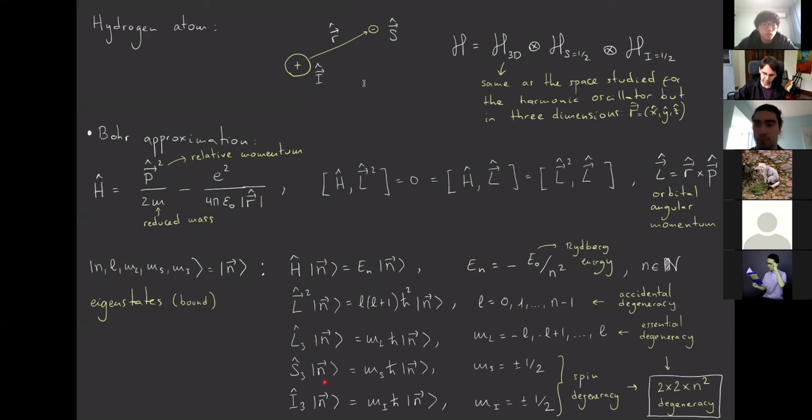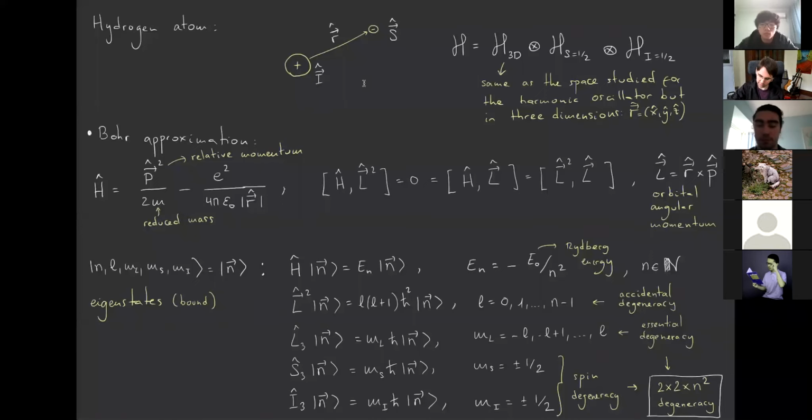You will see later that, in general, this quantization axis is chosen experimentally by external fields. If you put an external magnetic field, the direction of the magnetic field sets the quantization axis of your experiment, and that axis we call z.